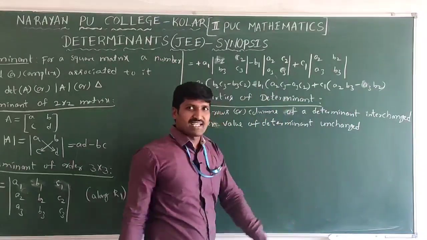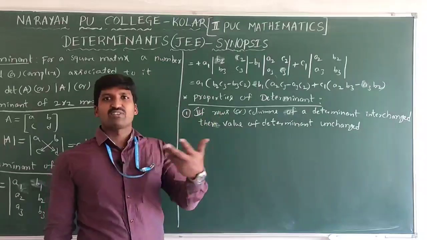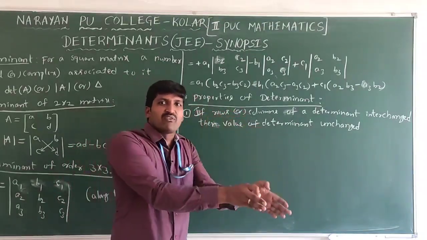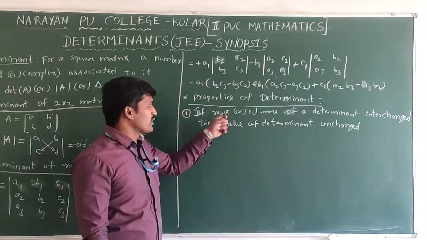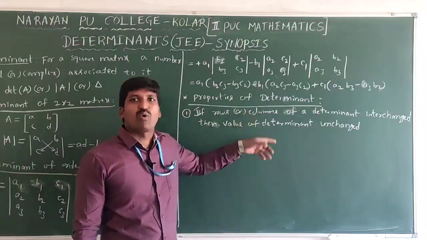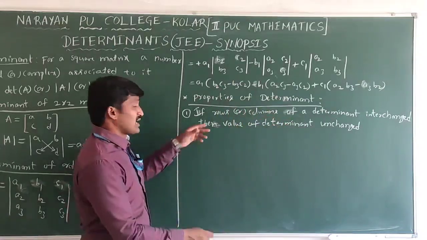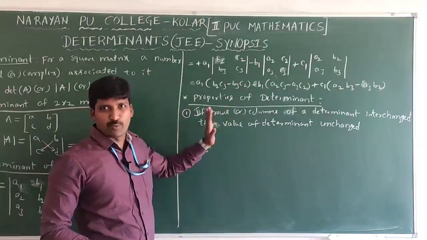That means, simple logic, the transpose of a determinant and the original determinant have the same value if we interchange the rows or columns. That means transposing only. I already proved this in PU, just remember the property.